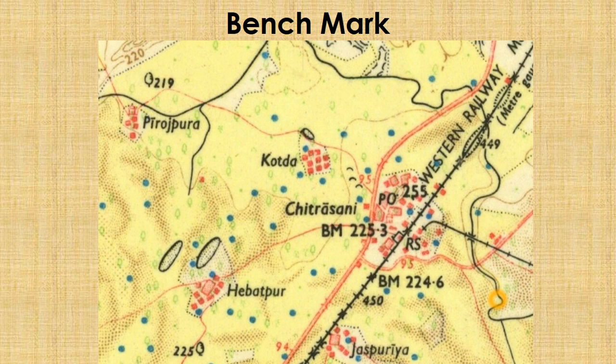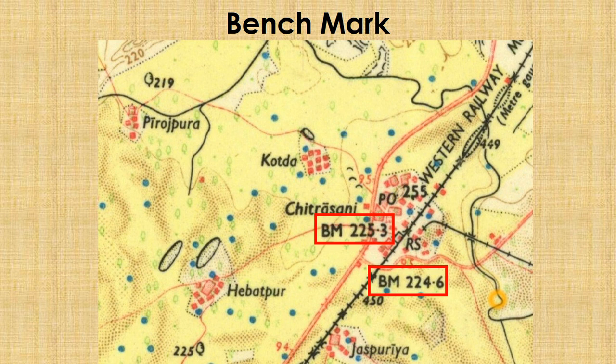Now the next method to represent height in a topographic map is called benchmark. In some of the maps you can see benchmarks. It is given like this. It will be written BM in capital, followed by some values. That shows the height of that one particular place. So in this example we have benchmark 225.3 and 224.6.